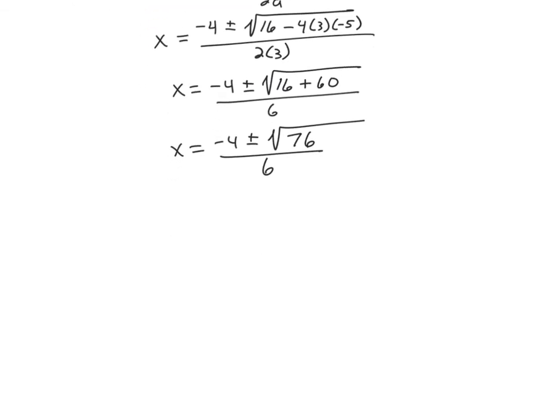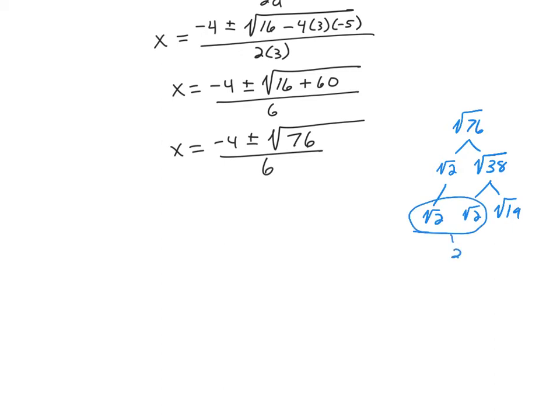All right, as we keep going, we're going to have to go over to the side and figure out what the square root of 76 simplifies to. It's even, so I'm going to say the square root of 2 times the square root of 38. This one's even too, so this would be the square root of 2 times the square root of 19. So it looks like I've got buddies here, and they come out as a 2. And I've got x equals -4 plus or minus 2 radical 19, all over 6.